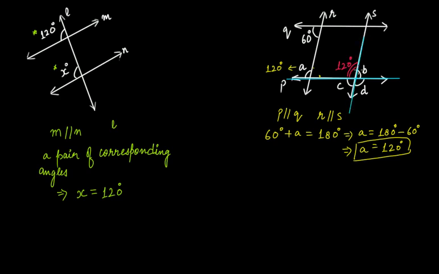then this is actually B, and this 120 degree is forming a linear pair. This is a non-common arm, this is a non-common arm, this is the common arm, and two adjacent angles forming a linear pair.